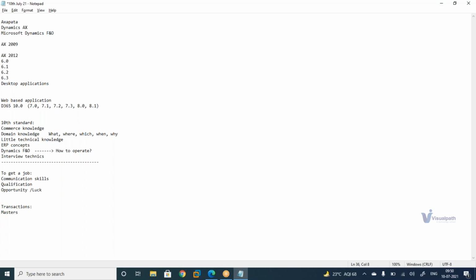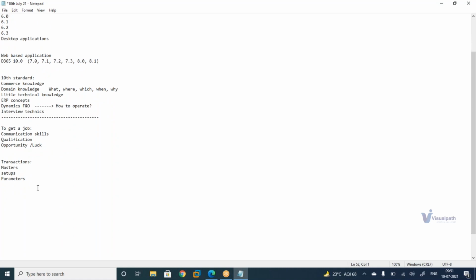Masters means customer account, vendor account, item master, fixed asset master, chart of accounts. There are so many masters you need to learn. Next, you need to learn setups and parameters. Once you learn these things, then you need to learn the same concept vice versa.